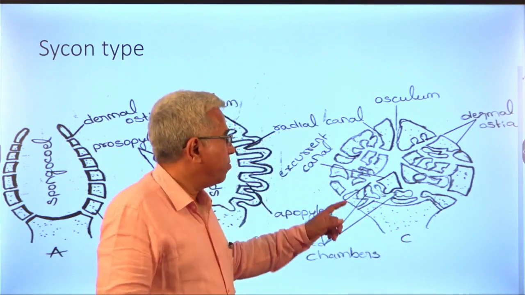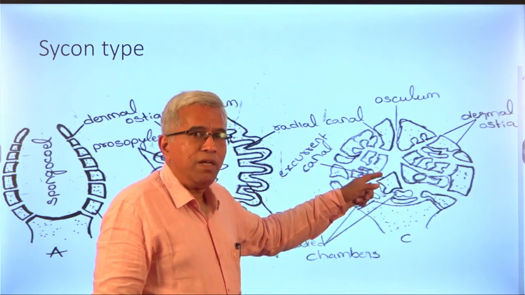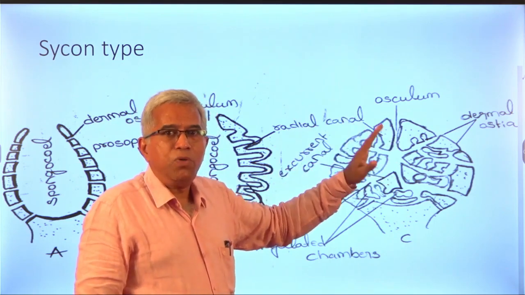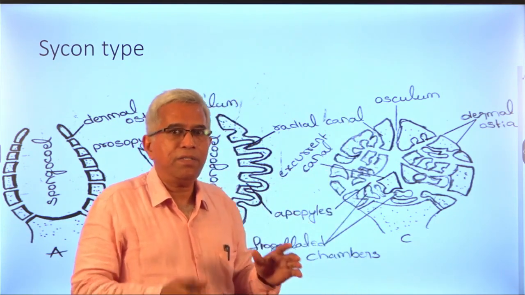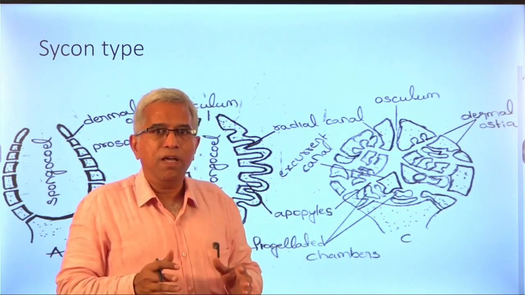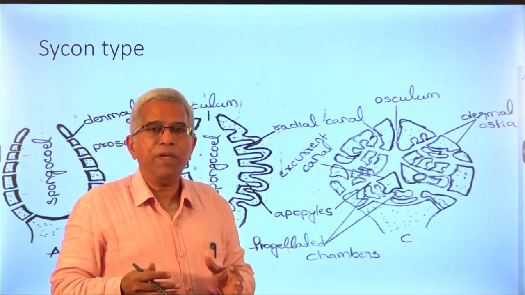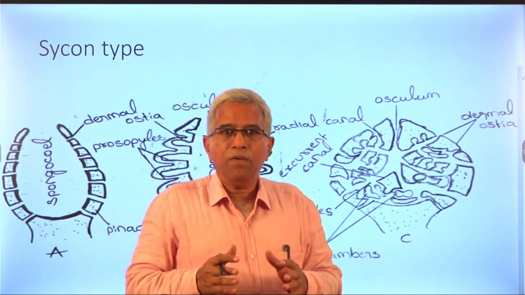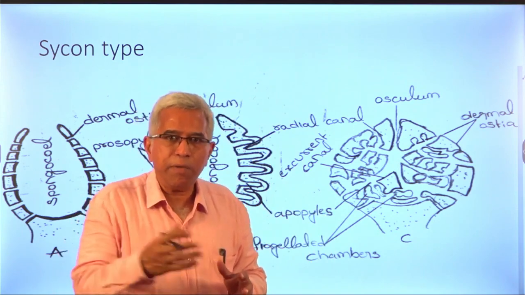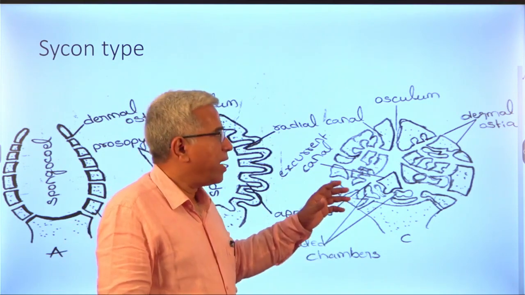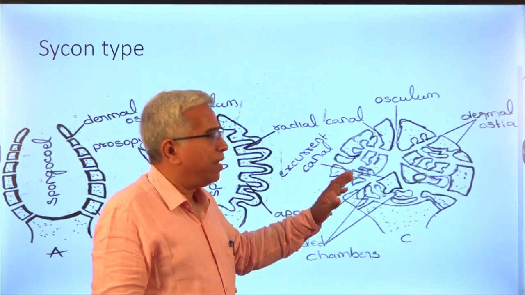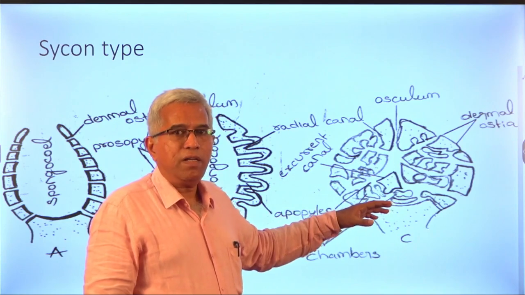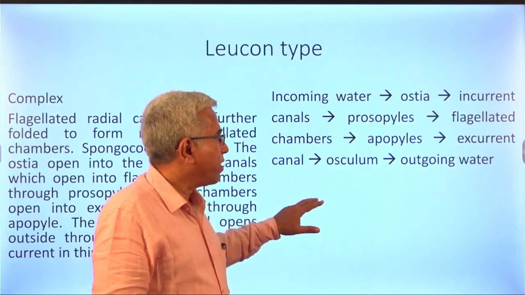Whereas here you observe specifically that spongiocele is absent in Leucon type. In the Leucon type, spongiocele is totally absent, and it is complicated, and it shows extra foldings forming flagellated chambers. That means one more additional structure has crept in, and this is called flagellated chambers. We'll make it very clear by describing the entire nature of the Leucon type in the next slide.